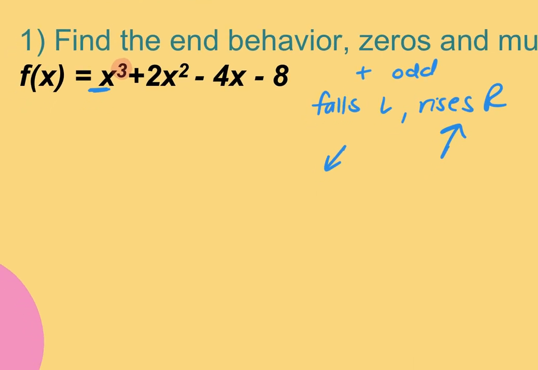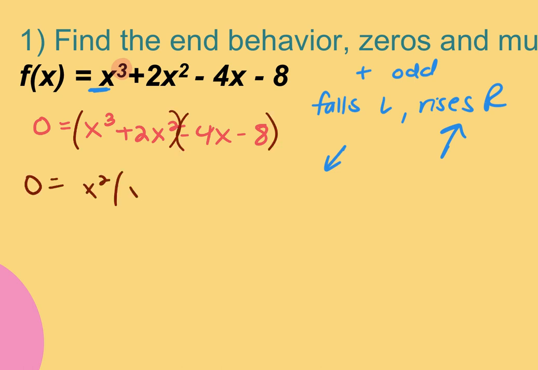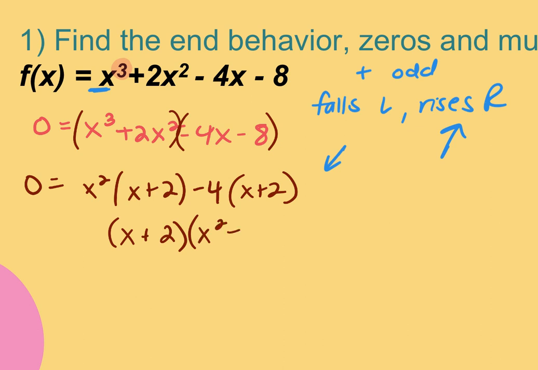Now I want to find my zeros. So I'm going to make f of x 0. How do I factor when there's 4 terms? Group it. So I would take out an x squared, take out a -4, I get x plus 2 and x squared minus 4.